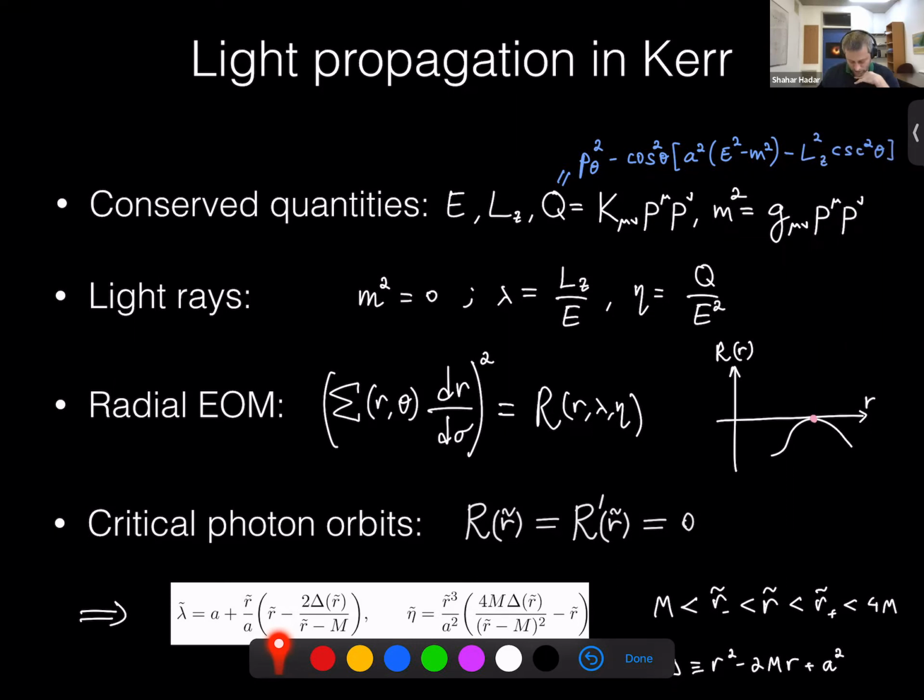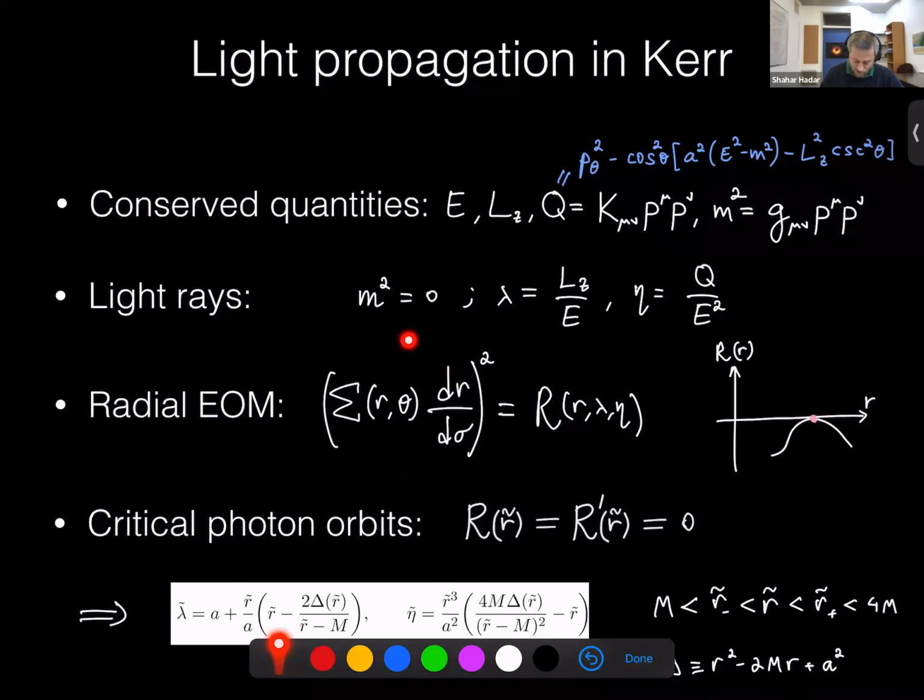But when you introduce these conserved quantities, it reduces to a system of first order equations, and the radial one, governing the motion in r, becomes like an energy conservation equation.